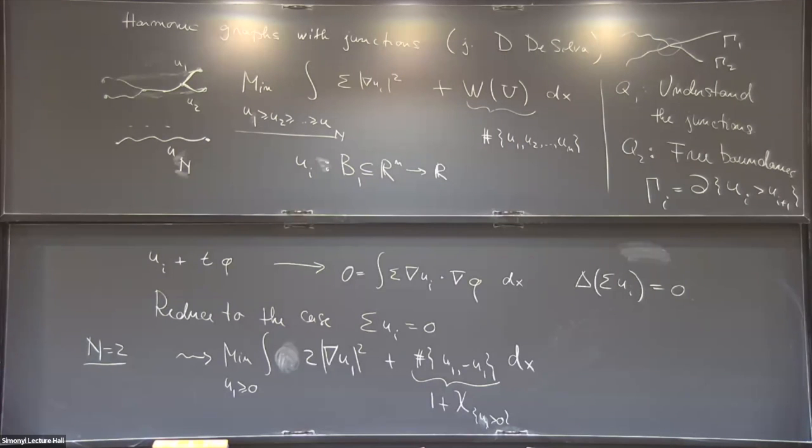So what are the results for this case? The results for the one phase free boundary problem would be, first, you want to understand the regularity of the function u. So here everything is clear. You see that u is actually exactly as you see in the picture. u is Lipschitz continuous.